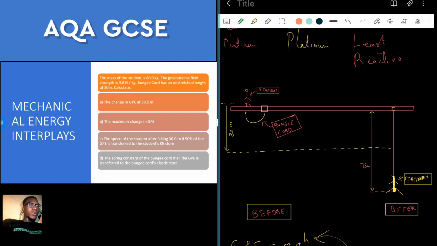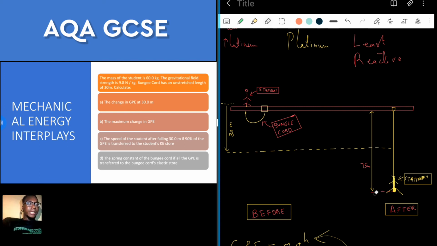The elastic store can only be maximum at the highest stretch, okay, at the maximum stretch of the cord. So if this cord has not been stretched to its maximum point, then the elastic store will not be maximum. So the only point here where the elastic store is maximum is at 75 meters, extension of 75 meters.